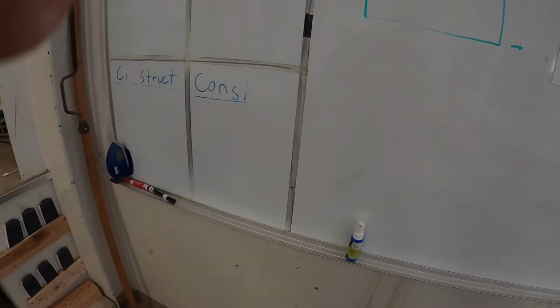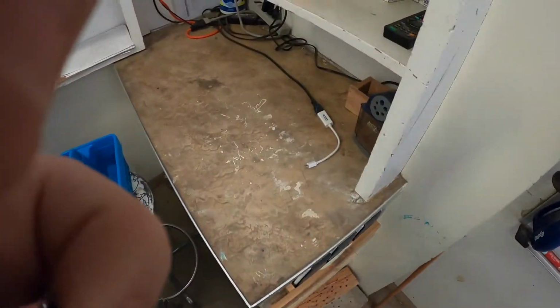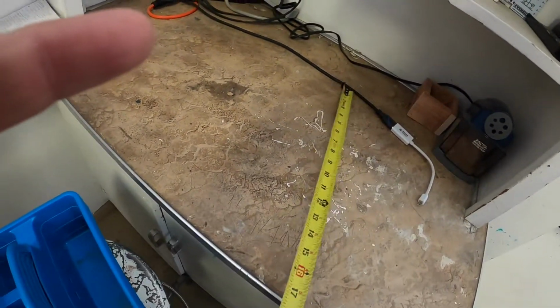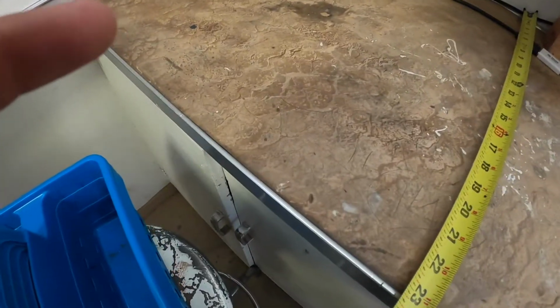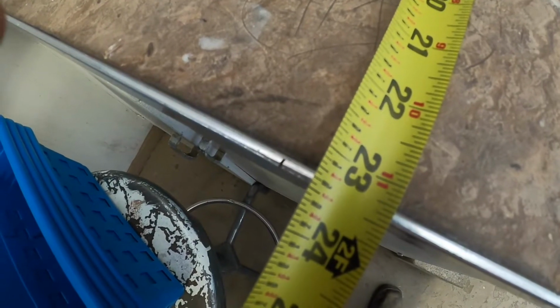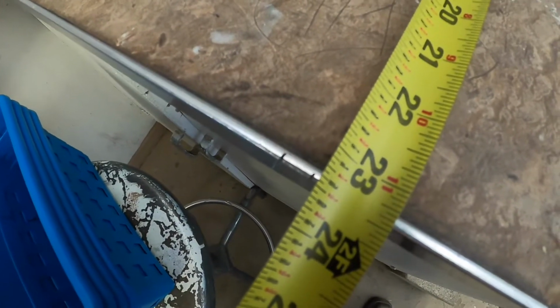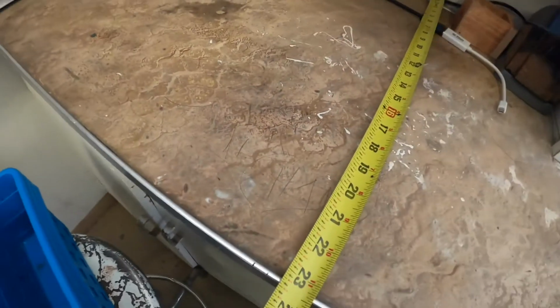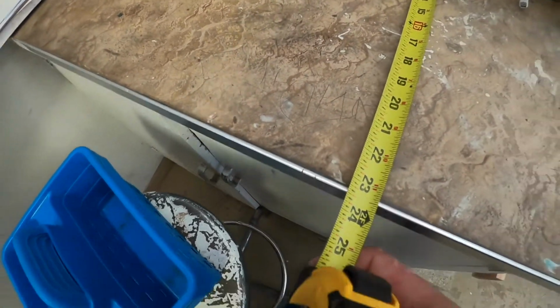Now let's measure the depth. And it looks like we're at 23 and almost 23 and a half. But again, the little lip below here, I want to make sure that I am accounting for these cabinets, so we're going to do 23.